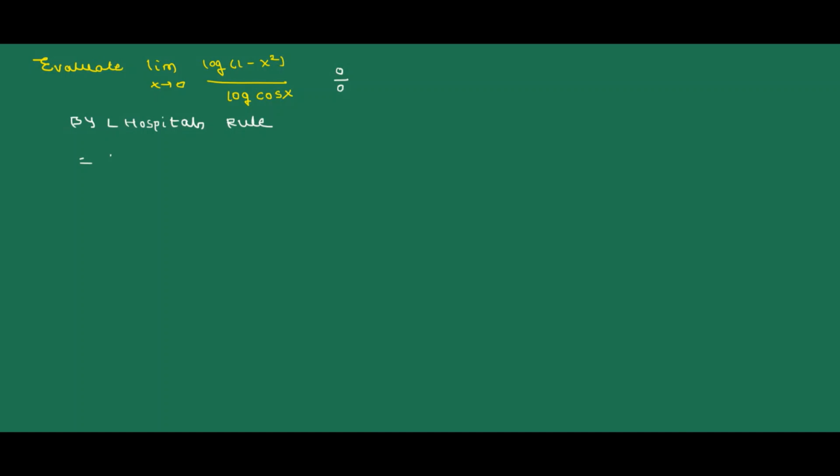Okay, this is equal to, you have to differentiate numerator and denominator separately. Limit x tends to 0. What is differentiation of logarithm of 1 minus x square? Differentiation of logarithm of 1 minus x square is 1 divided by 1 minus x square, so that log gets eliminated. The remaining term is 1 minus x square.